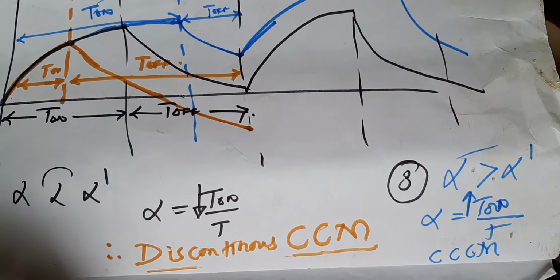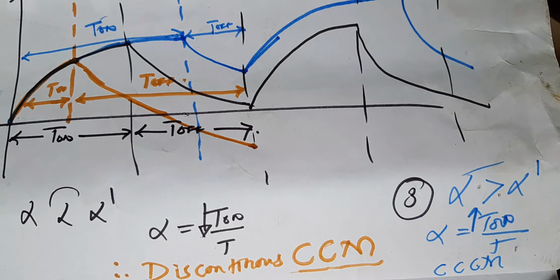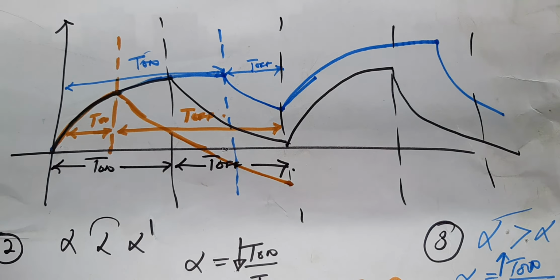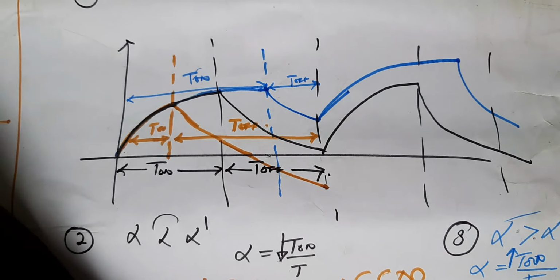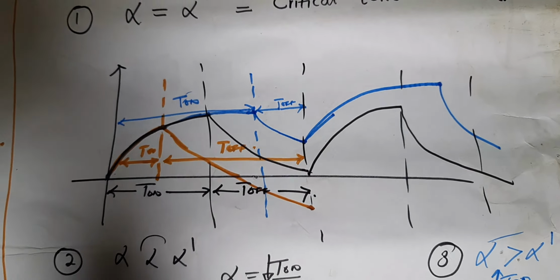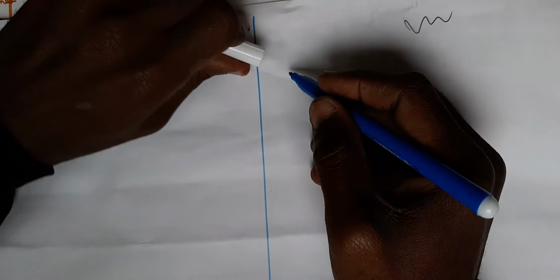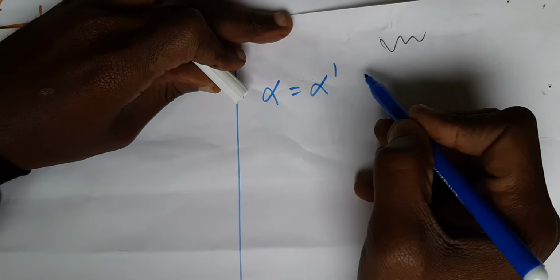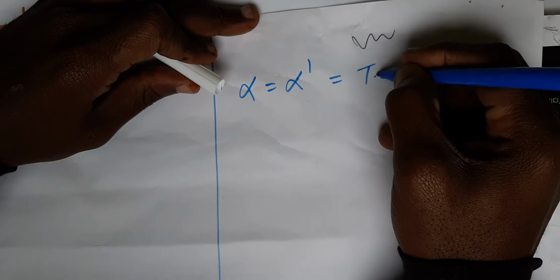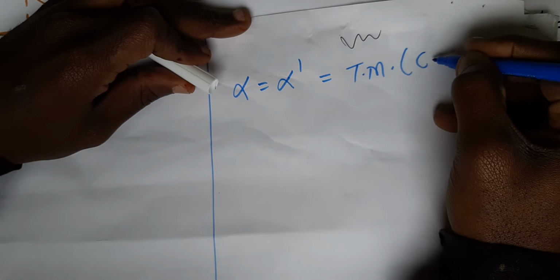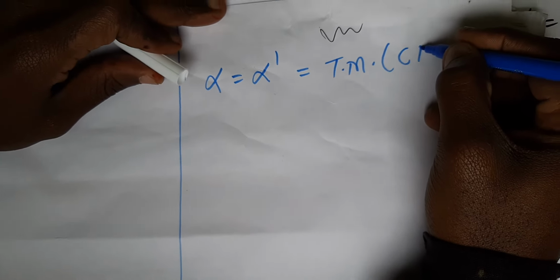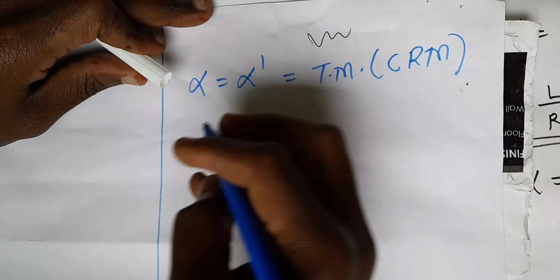So in summary, to summarize exactly what we've done today, we can conclude that when alpha is equal to alpha prime, we have the transition mode, which is also known as critical conduction mode, CRM.